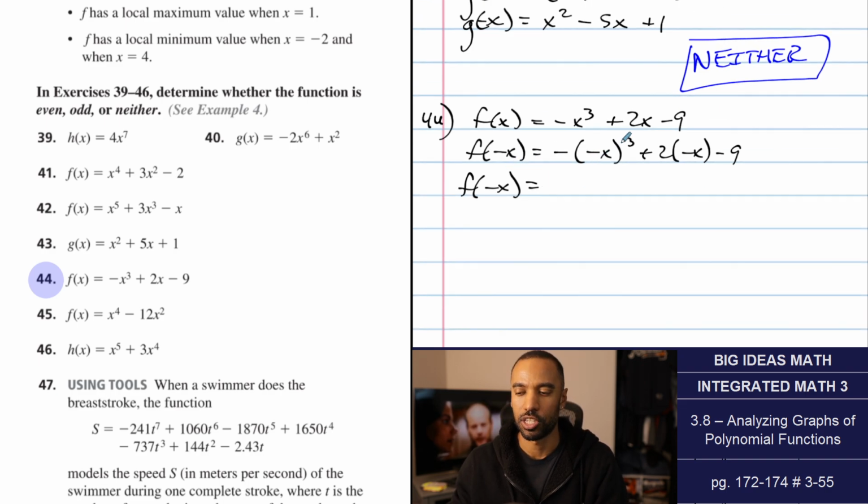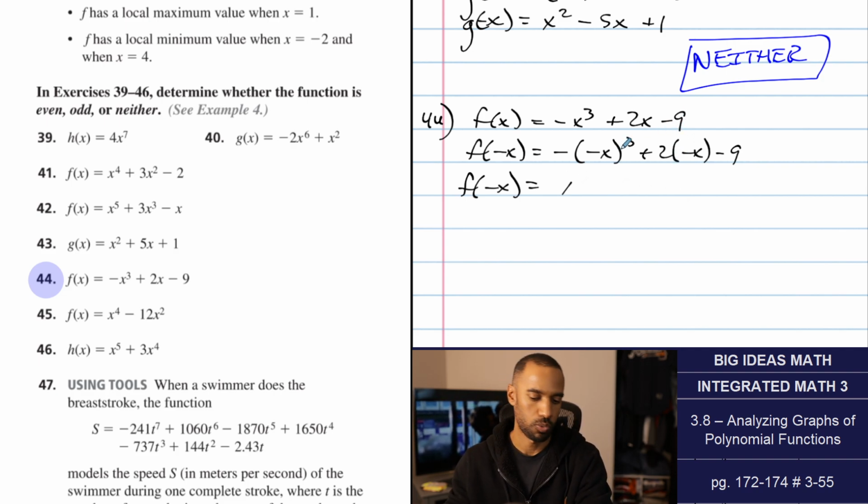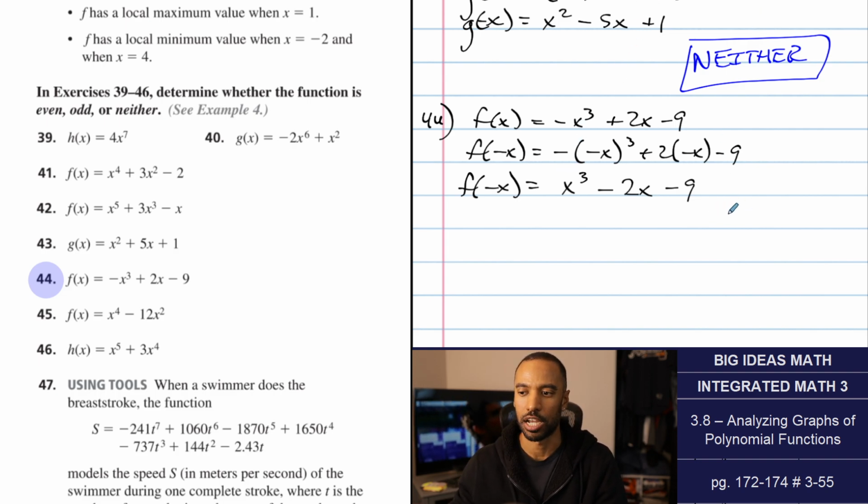Negative x quantity cubed is negative x cubed. The opposite of that is positive x cubed. Plus 2 times negative x is minus 2x, and minus 9 here. This sign changed, but this sign did not. Because not all three signs changed, factoring out the negative will not completely change things, and it's not completely identical, so this is once again in neither case.